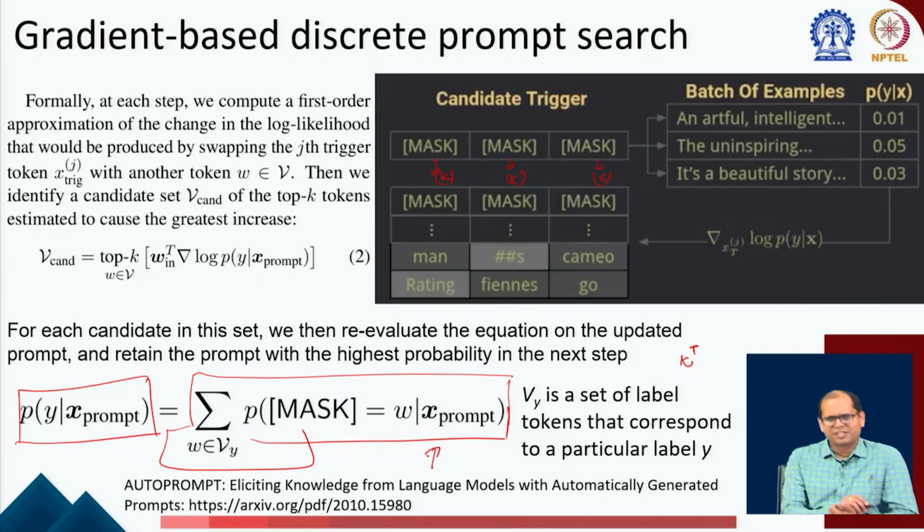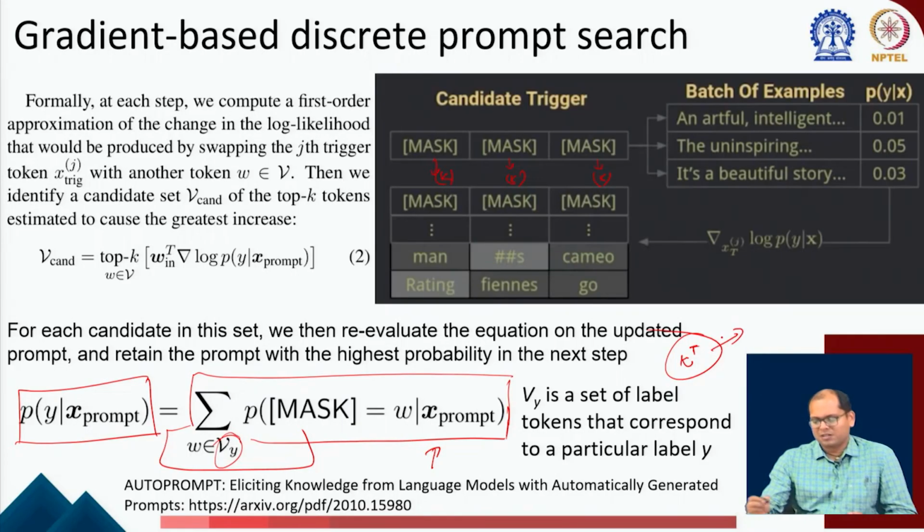On the whole validation set, what is the probability I am getting for the correct class? But even that is very expensive, since you have to do it for all k to the power t possible prompts. Each is small because you only compute the probability for some 3 to 5 words, and add that up to get the probability for the class.